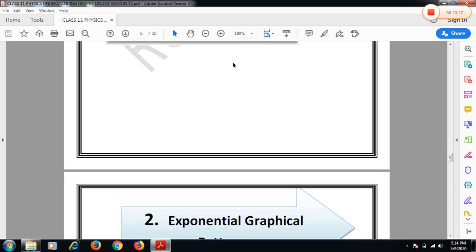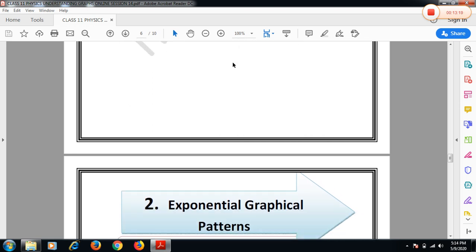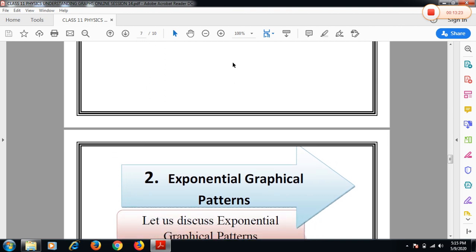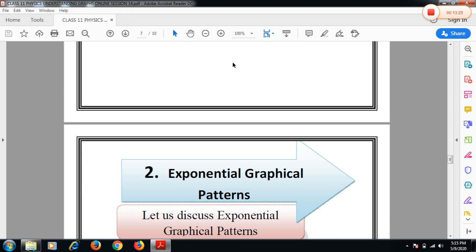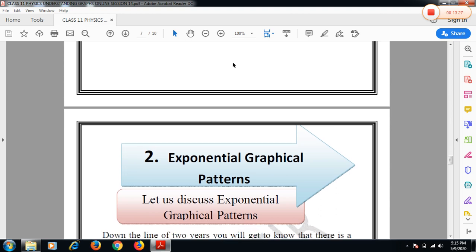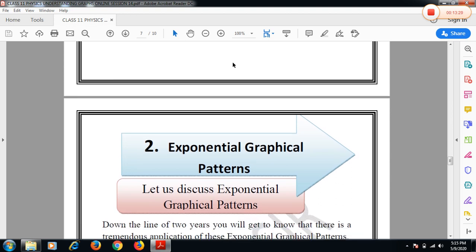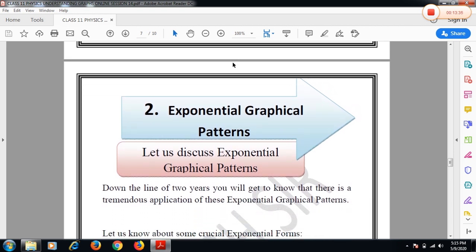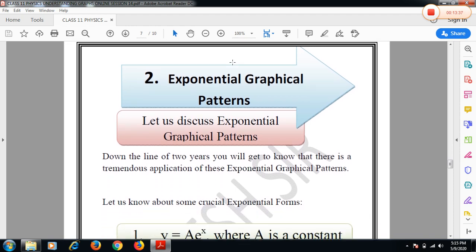Now that we have studied different forms of straight line, let us move forward to the second most crucial topic, that is exponential graphical patterns. So let us discuss them.